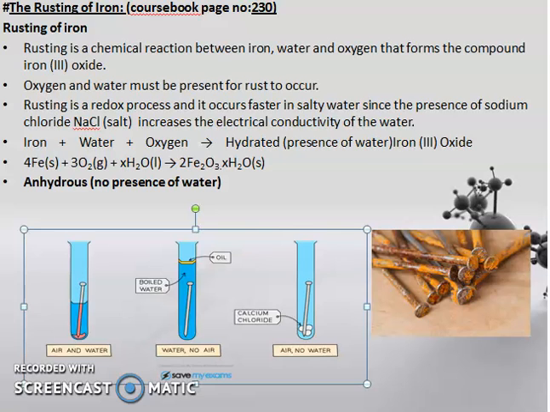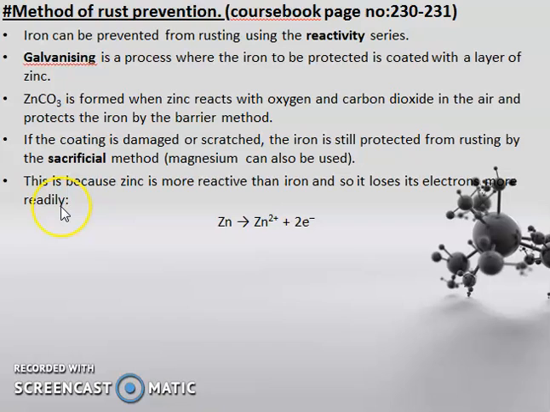Let us proceed next. We saw the concept of rusting of iron, but there must be some method where we can stop this rusting. So there is one method, that is rust prevention. See students, iron can be prevented from rusting using the reactivity series, that is the galvanizing process.